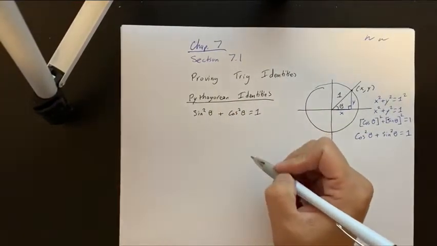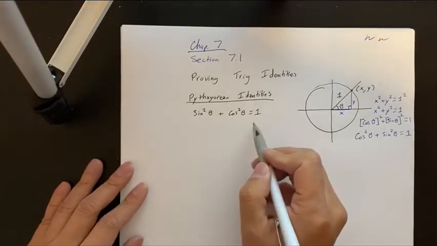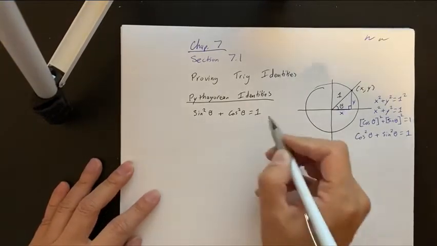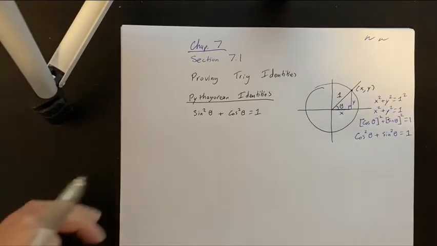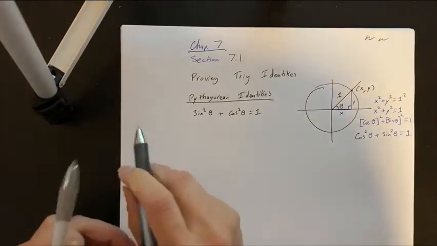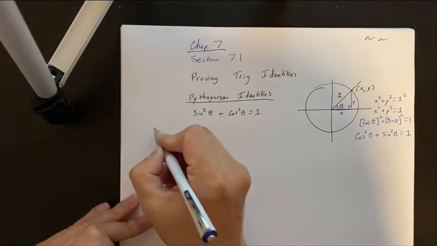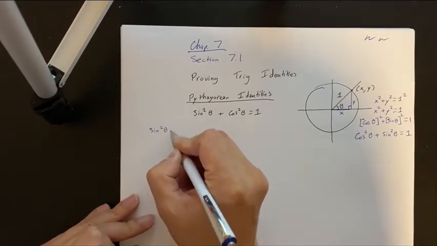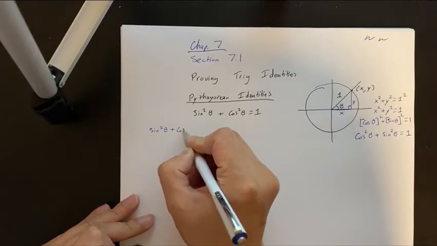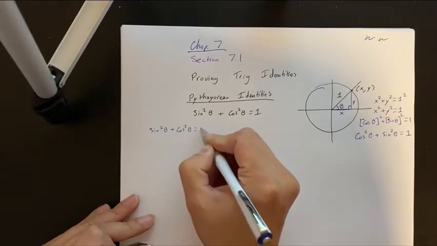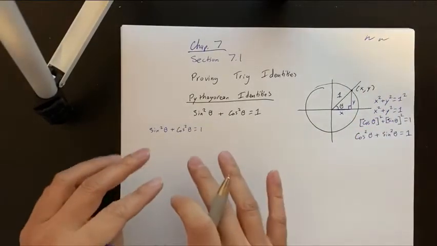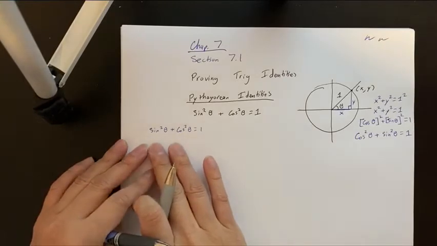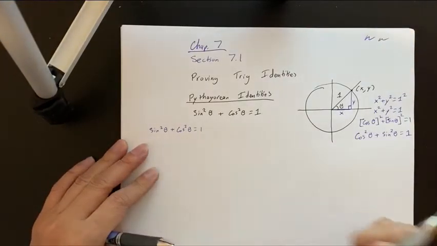All right, there's two more. Once you get this identity, all you have to do is take this equation and start playing around with it. So one way is by taking this equation. If I take sine square theta plus cosine square theta is equal to 1, I can do anything to one side as long as I do the same thing to the other side.